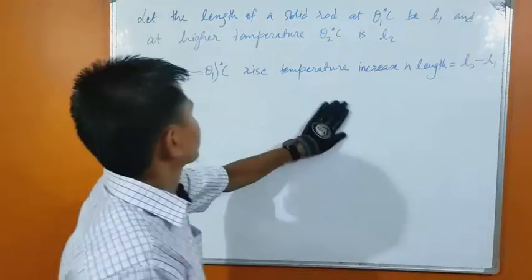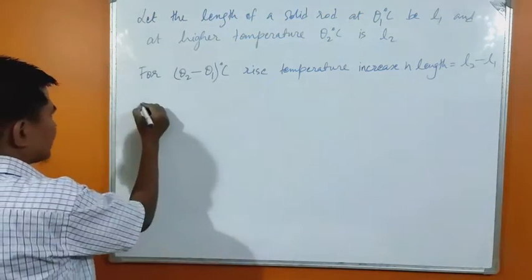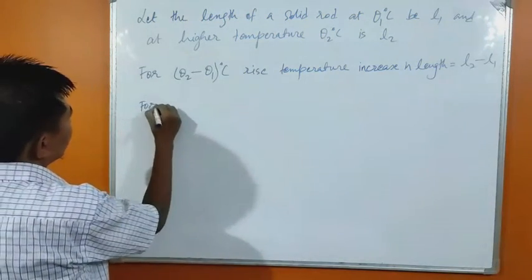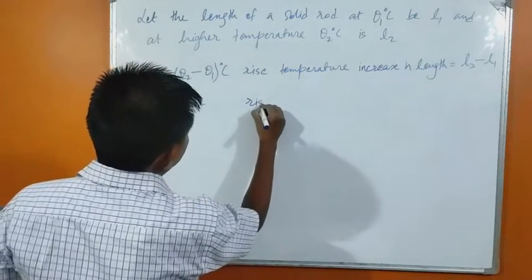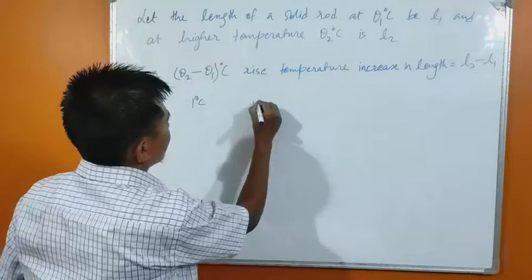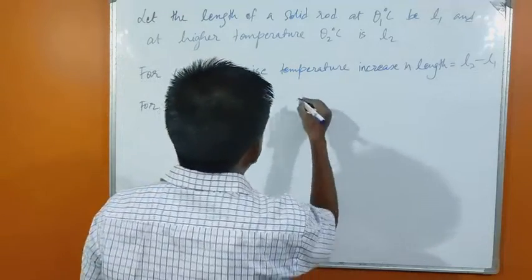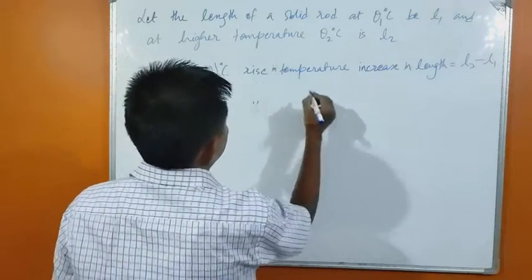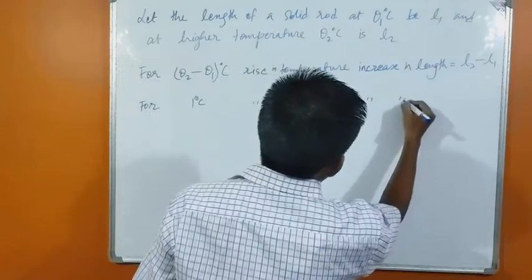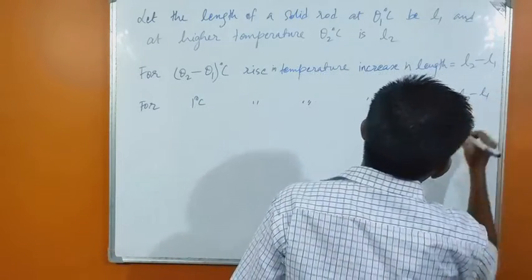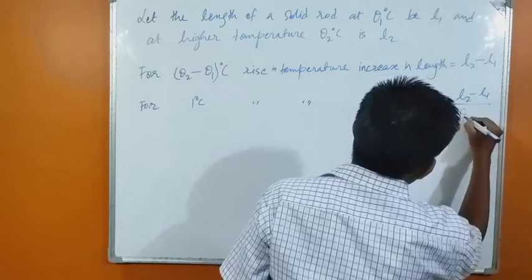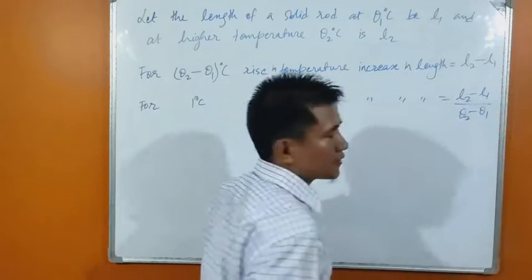Got my point? Okay. Then for 1 degree Celsius rise in temperature, increase in length equal to L2 minus L1 by theta 2 minus theta 1, isn't it?